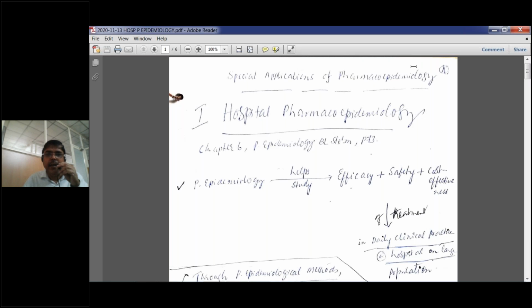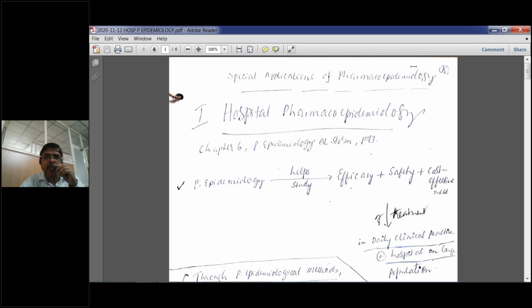Okay. So we are going to understand the application of pharmacoepidemiology in another area known as hospital. It is also called hospital pharmacoepidemiology. The concept remains the same, but the area differs, right? Earlier we have seen it is the study of use and effect of the drug in the large population.